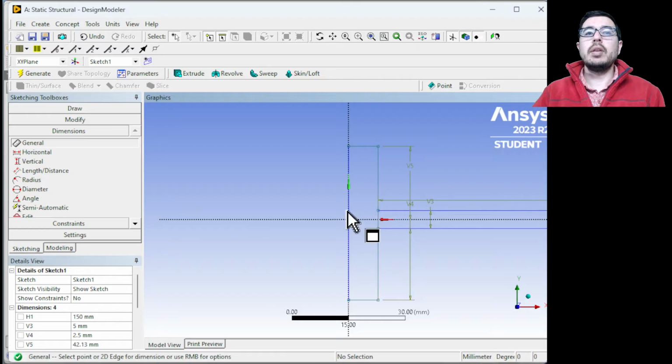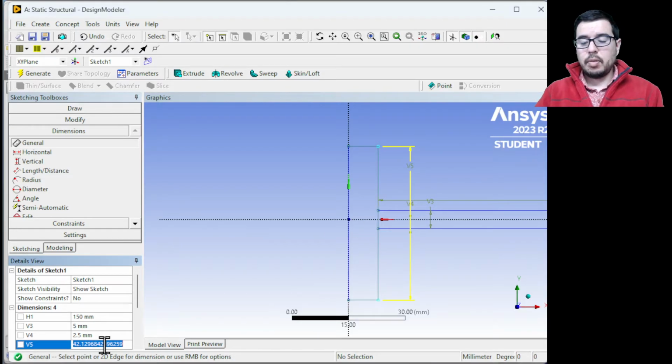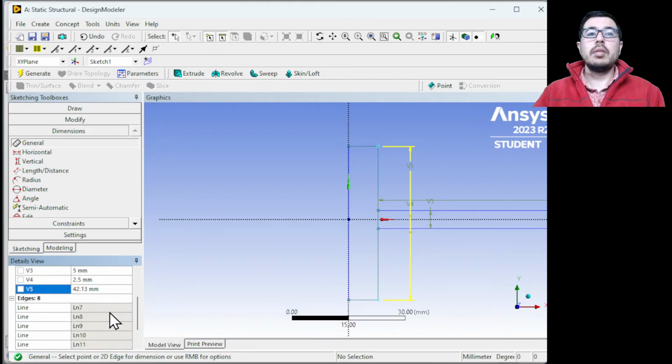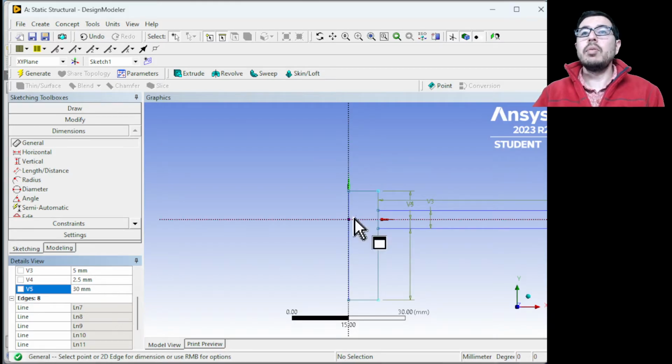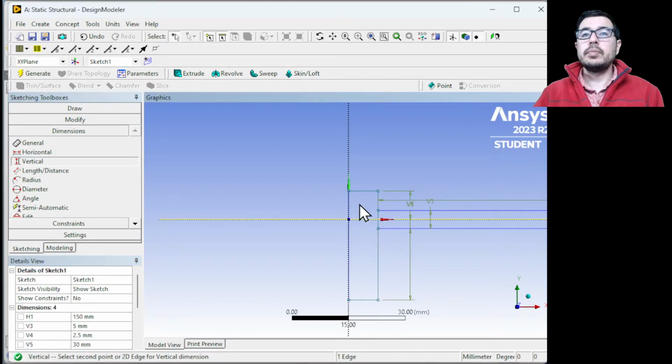If I do the general one, then let's say we'll make this 30. And then we'll move this vertical up 15.